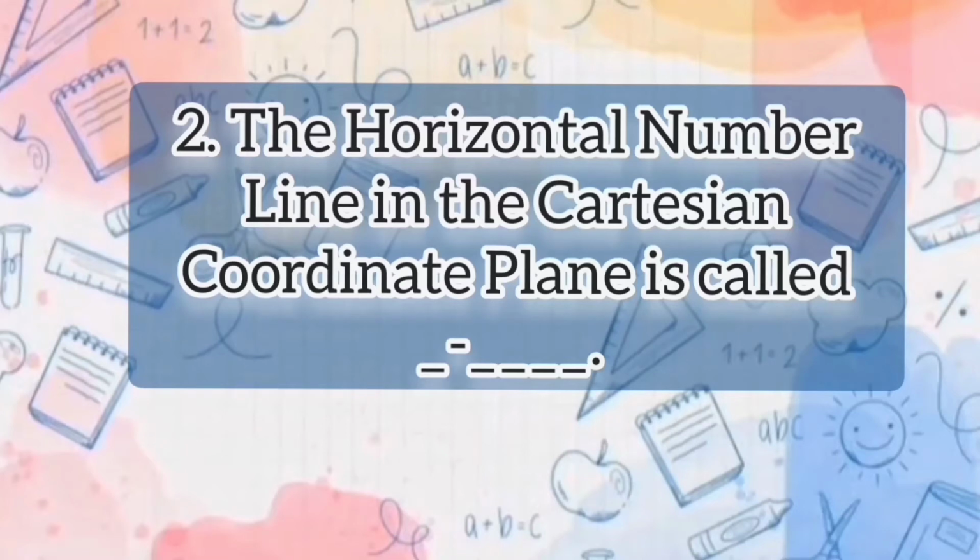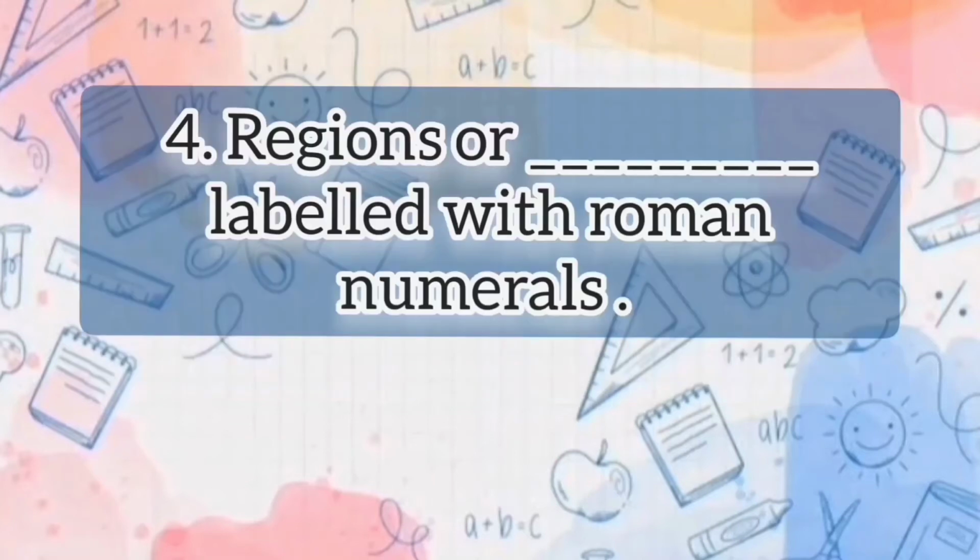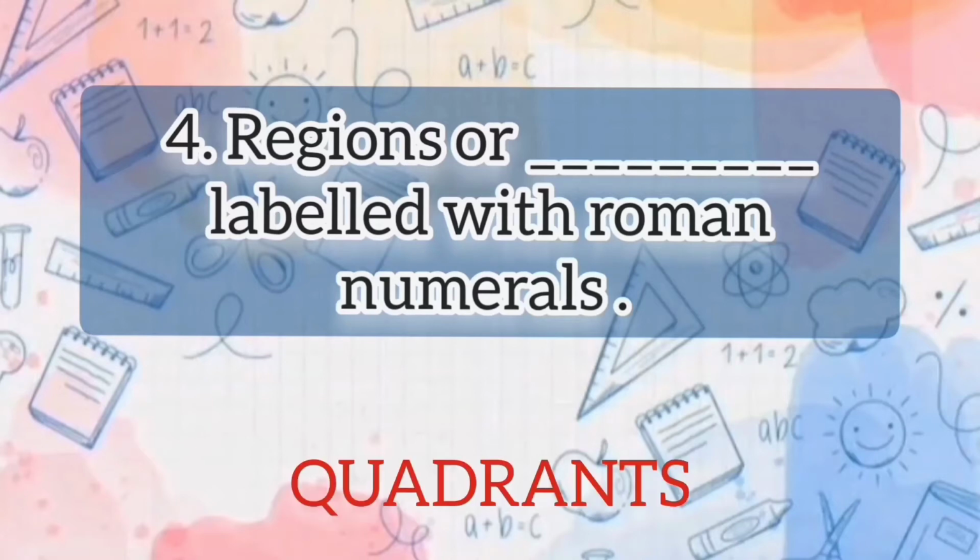The horizontal number line in the Cartesian coordinate plane is called? The answer is x-axis. The vertical number line in the Cartesian coordinate plane is called? The answer is y-axis. Regions labeled with Roman numerals are called blank. The answer is quadrants.